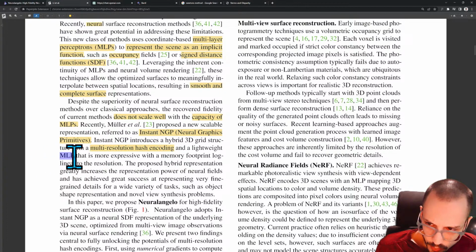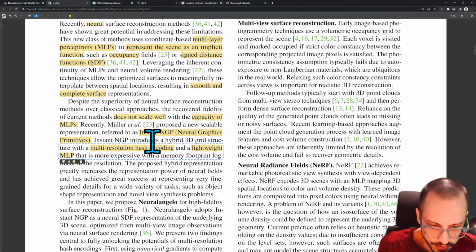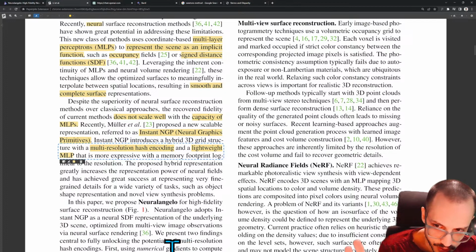It enables a lightweight MLP that is more expressive, with a memory footprint log linear to the resolution. So one of the problems with the multi-layer perceptron, especially for something like a NeRF, is that you have to basically perform inference on this MLP at every single pixel in your image, and that becomes very expensive, especially if you have a very large MLP.